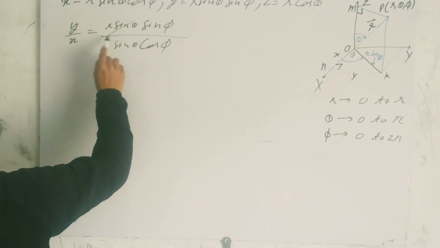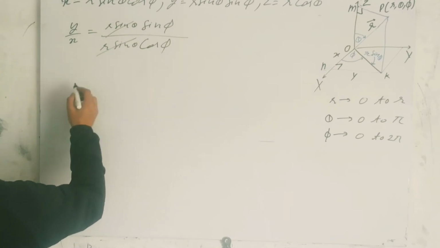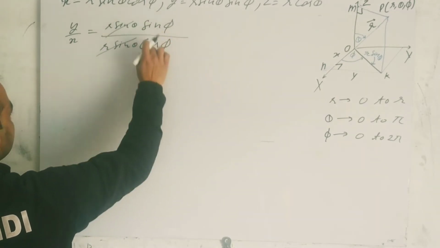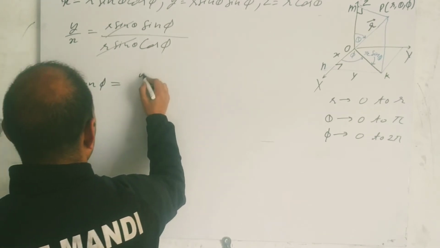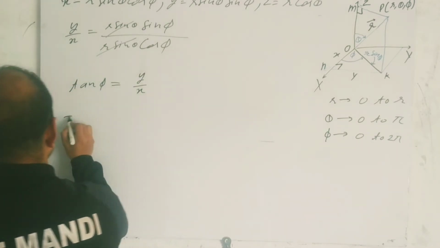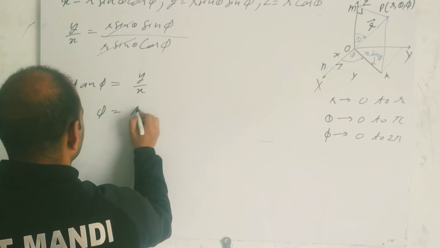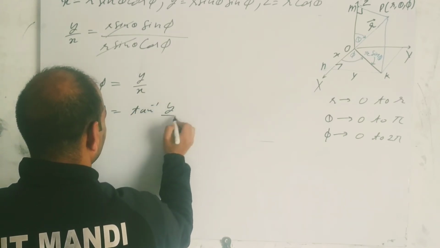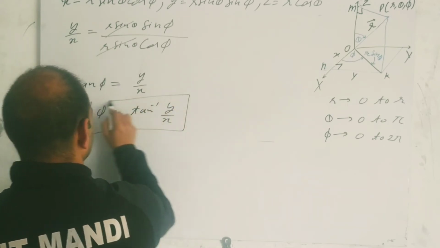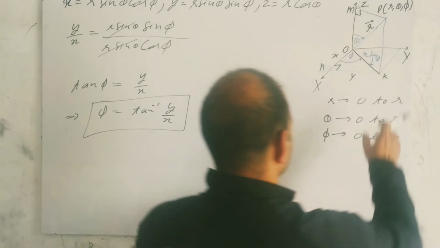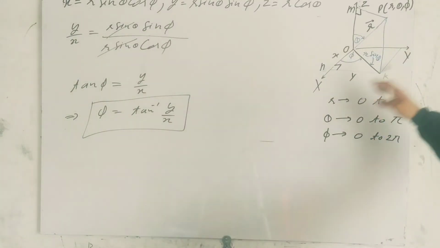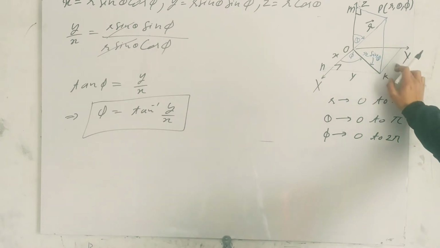So this term will cancel with this term, and this upon this is equal to tan phi. So tan phi is equal to y upon x, which implies phi is equal to tan inverse y upon x. So now phi depends on y and x only. If we change the x or y component, there will be a change in phi.